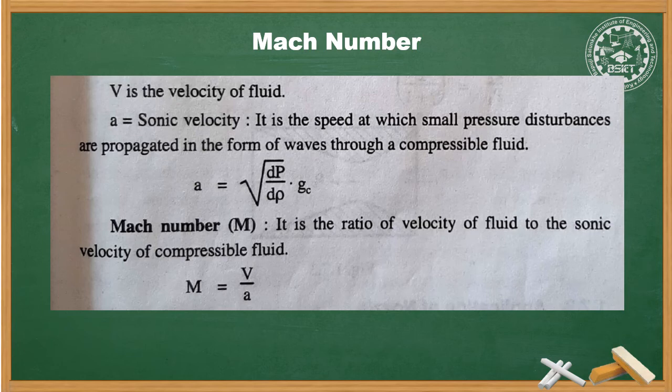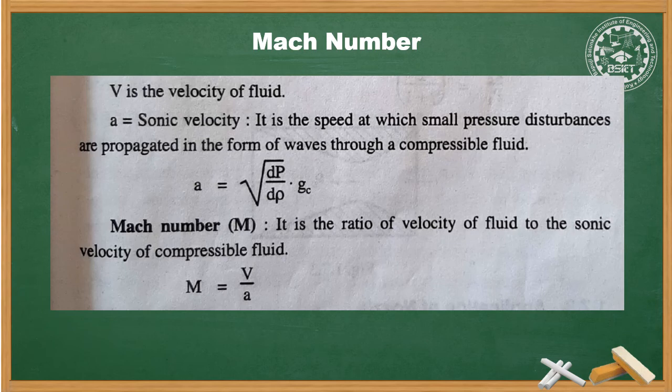And when M is equal to 1, dA must be 0 since the second derivative is positive. A must be minimum, then the velocity of flow equals the sonic velocity where the cross-sectional area is minimum, that is M is equal to 1 at the minimum cross-sectional area, the throat of a convergent divergent nozzle.